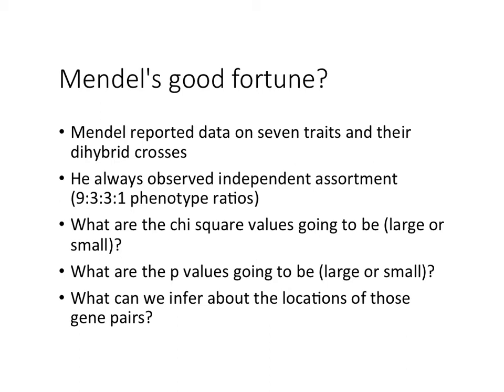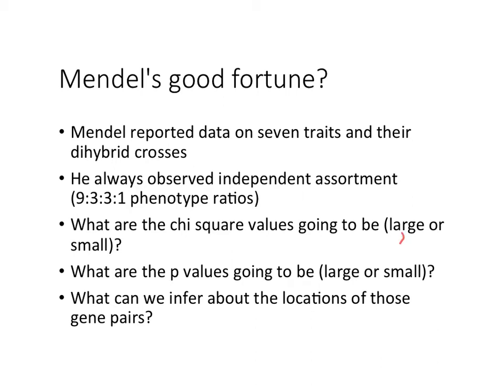So if he saw a 9:3:3:1 ratio, what would the chi-square value be, if he did that chi-square test to ask if the genes were independently assorting or not? If you get a big chi-square value, what does that mean about the p-value? They're connected.